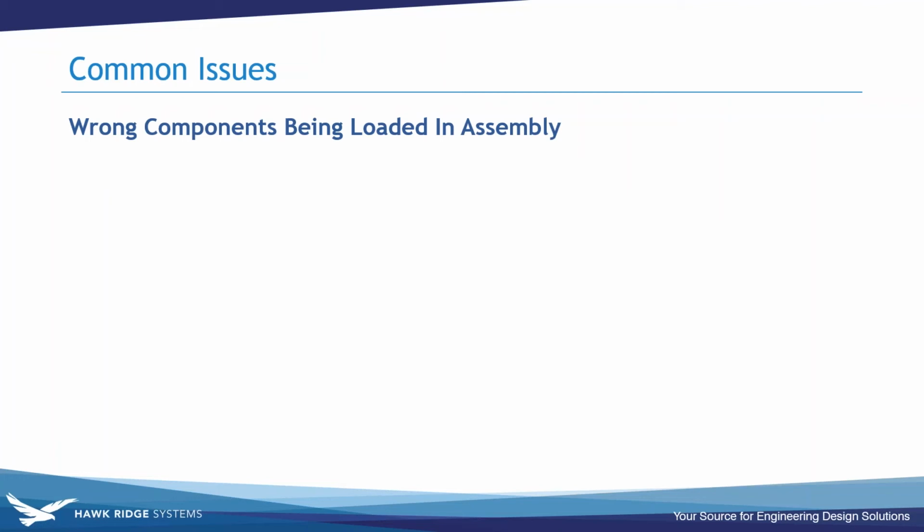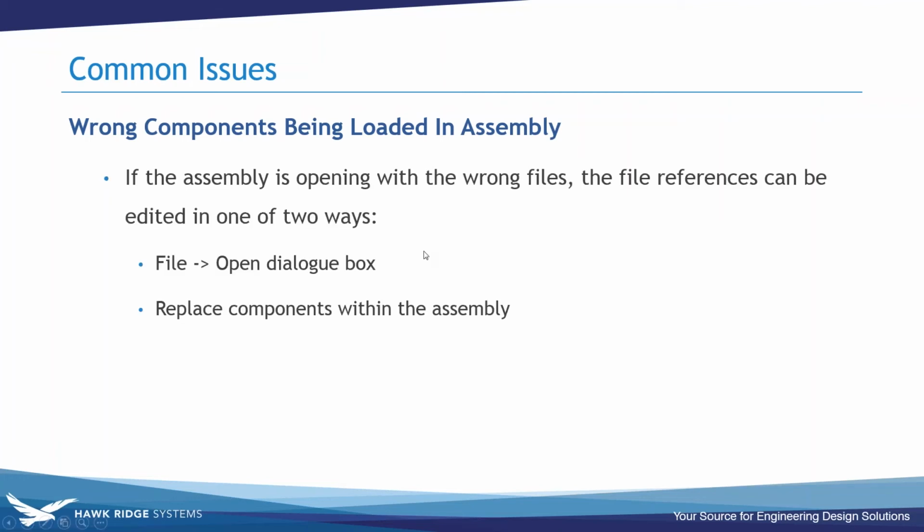And like I said before, you could just close it out and reopen it if you catch it the very first time. However, if you accidentally save it with that wrong file reference, you can actually replace that particular component in one of two ways, either through the file open dialog box, or you could just replace the component within the assembly. So going back to here.